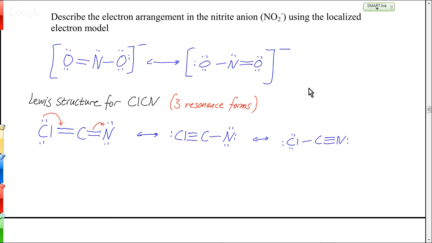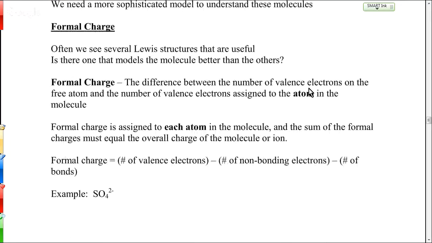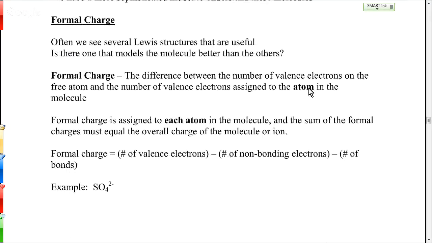All right, so how do we judge these? How do we decide what's a better resonance form? We're going to look at the overall stability of the molecule, and the way that we look at that is something called formal charge. We talked about overall charge. You put the brackets on, you put a little charge. That's for the overall molecule. But we can use this technique to go right down to the atomic level and decide where the charges are actually located on the ions.